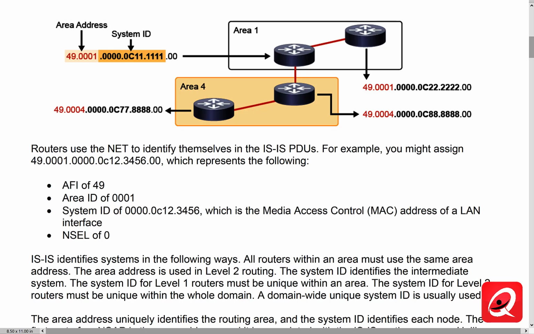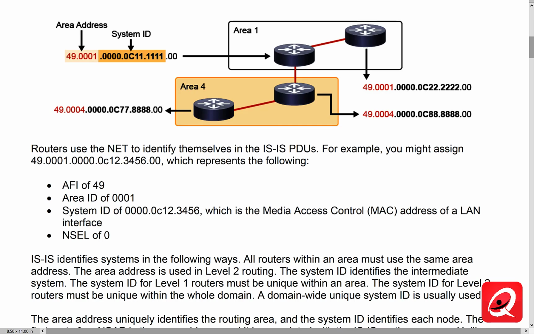System ID of 0000.0C11.1111, which is representative of the MAC address of the device in this particular case, and an ENSL of 00. So that's how we essentially identify systems within the domain.